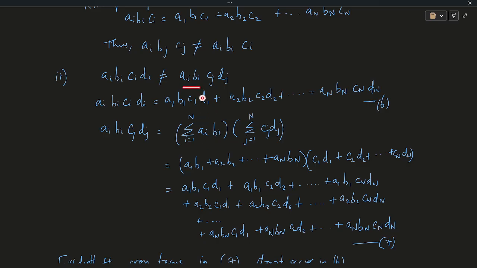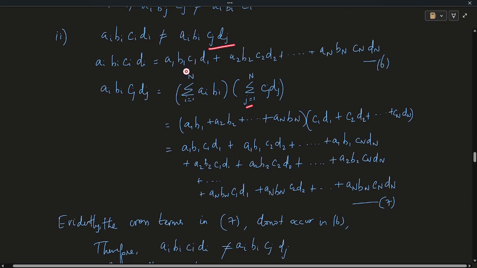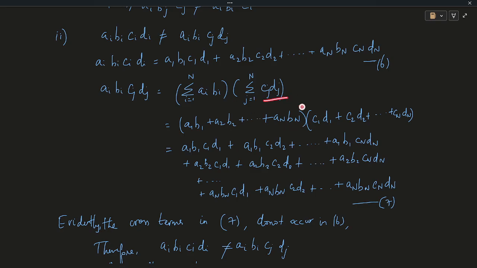So summing is happening over i here, and summing is going to happen over j here. If we expand this, it is going to be A1 B1, A2 B2, up to An Bn, and this is going to be C1 D1, C2 D2, up to Cn Dn. If we take the products here, only the A1 B1 C1 D1 terms and the like remain on the right hand side.